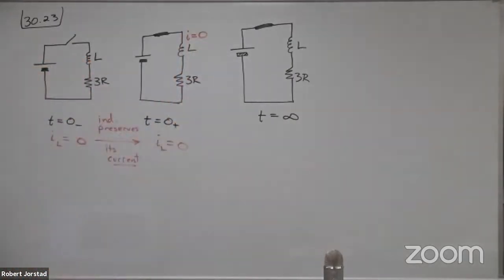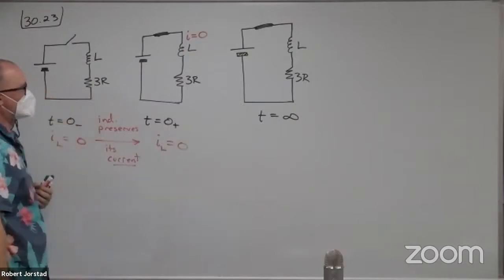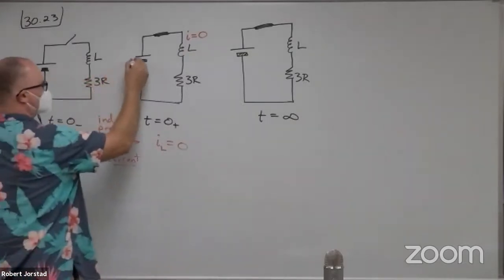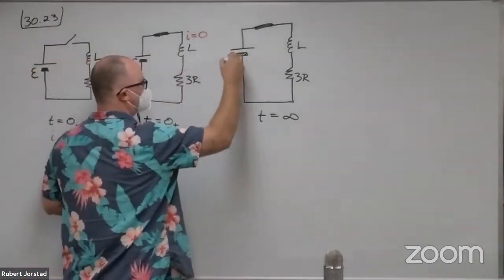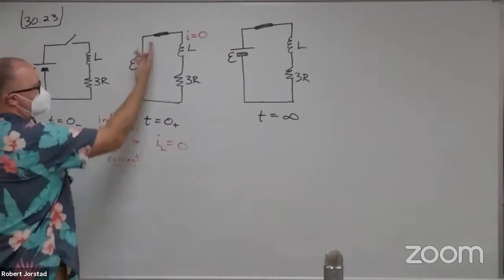Well, let me ask you. Where would you go from here? If I want to analyze everything in the circuit, I need to understand, oh, and the battery has size E, sorry about that. Okay, in this case, what would you analyze next?